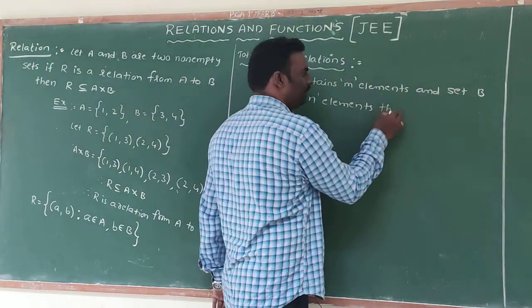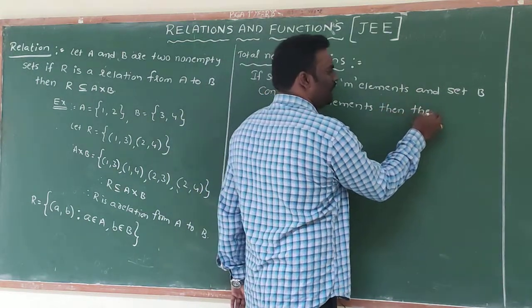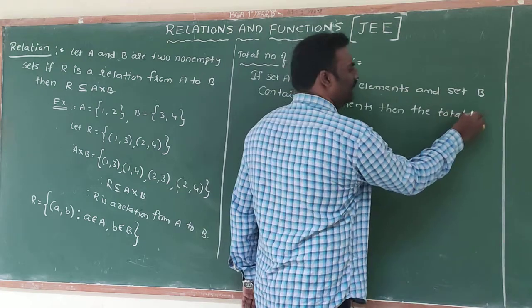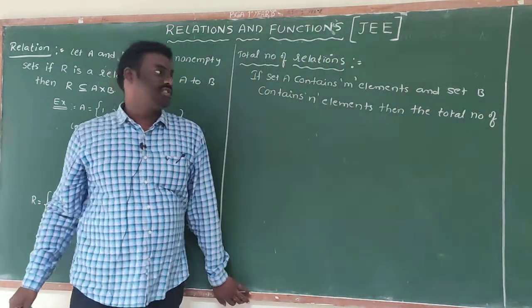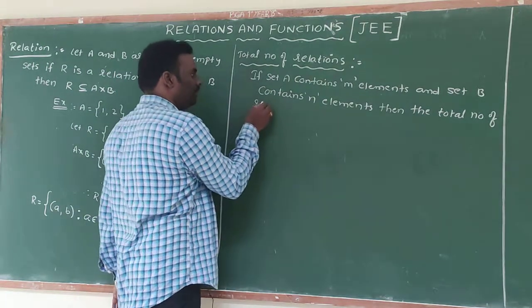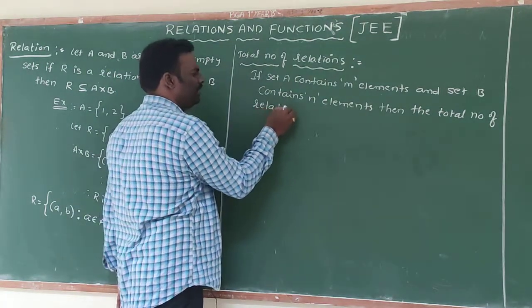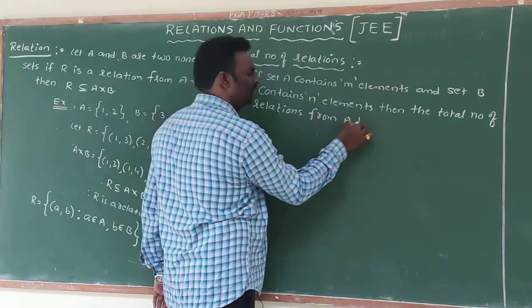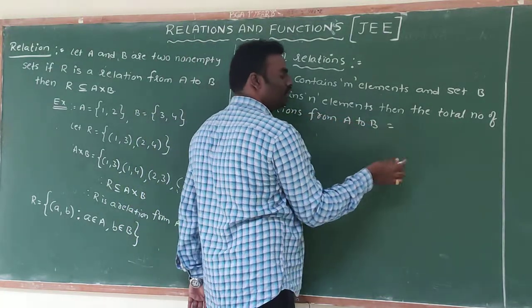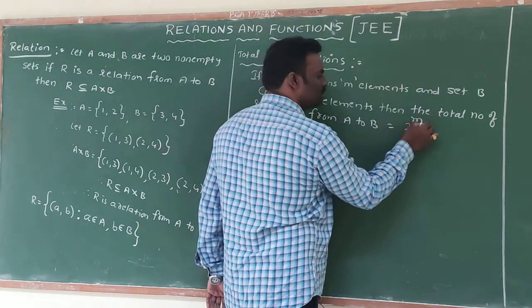then the total number of relations from A to B is 2 power mn.